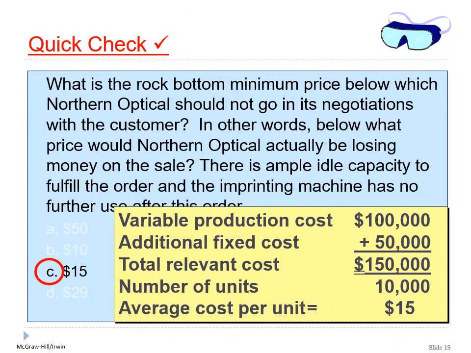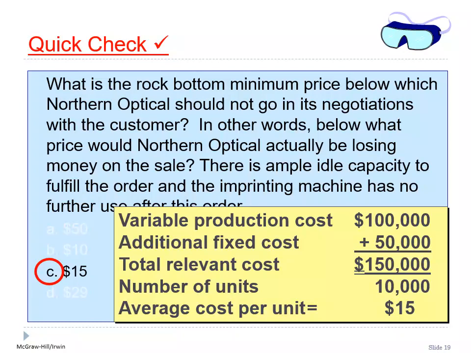So to answer this question you have to concentrate on the relevant cost only, the costs that relate to the order. Which costs are relevant? Variable production cost, these costs are related to the order. And here the variable production cost equals 100,000.